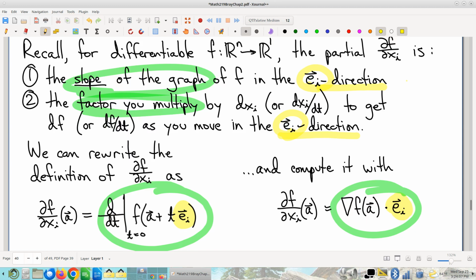Okay. So first observation I want to make: coordinates are overrated. Thinking of a multivariable function as being a function of, as it says in the name, several variables is really kind of an overrated point of view, in my opinion.